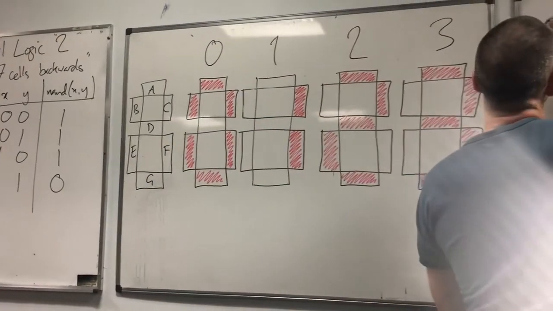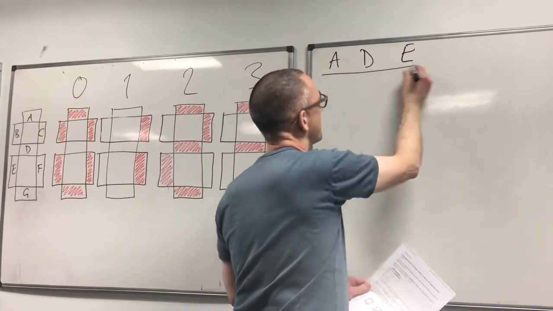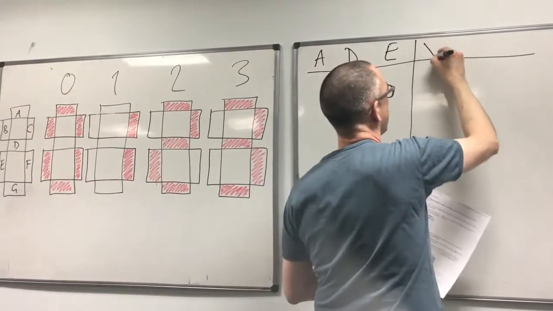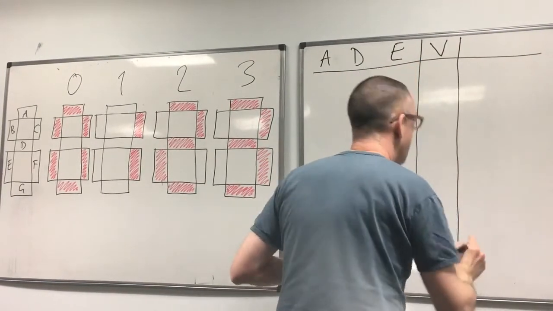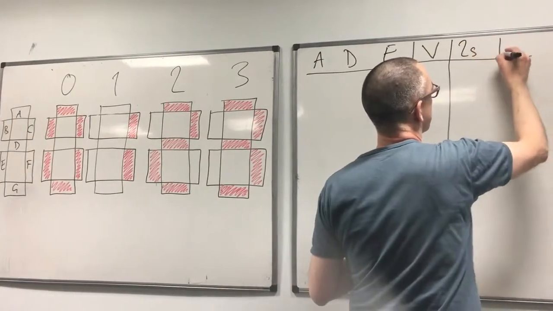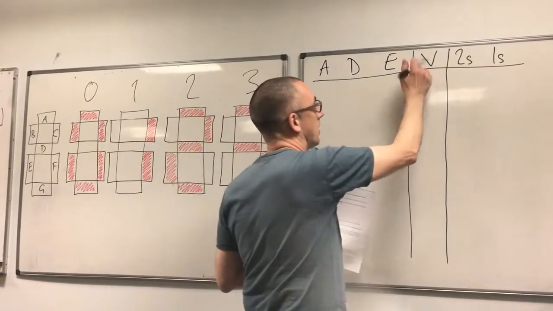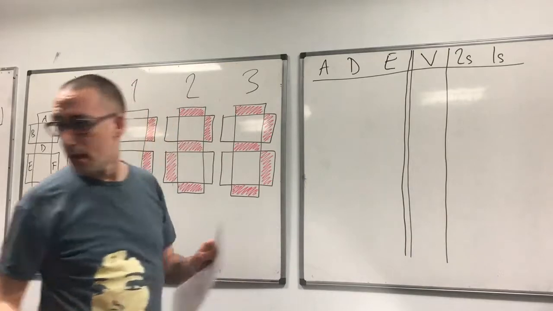Okay, so that's to say we're taking A, D, and E as inputs for a truth table, and then we have an output V for whether or not we have a valid number, and 2s and 1s for which number it is, just in the case where V indicates that we do have a valid number.